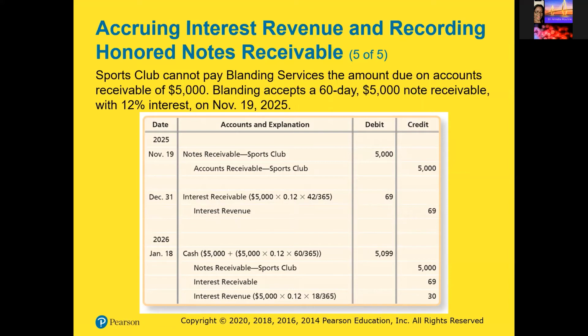So you see the debit to notes receivable, $5,000, and accounts receivable is credited for the same amount. The interest receivable of $69 is debited, and interest revenue is credited for the $69. That's the $5,000 times the 12%, and this one is over days, 60 days, right? But it's 42 over 365.